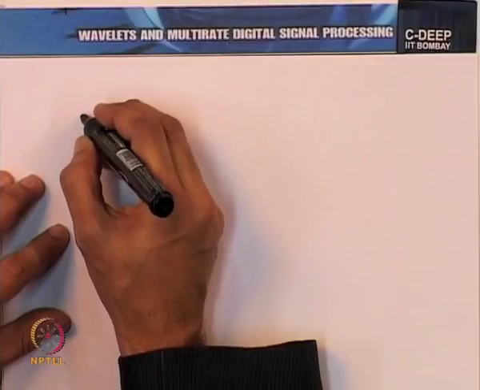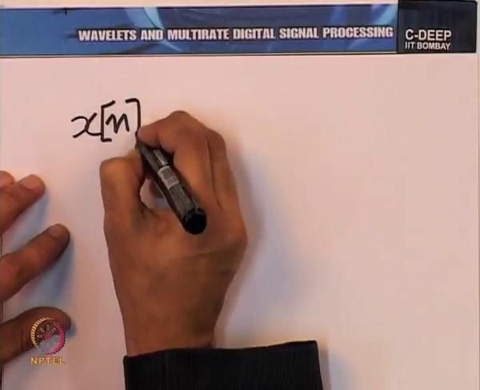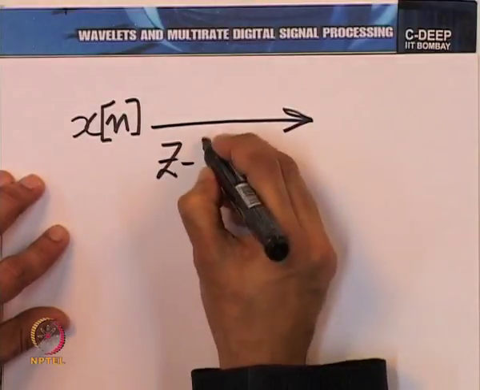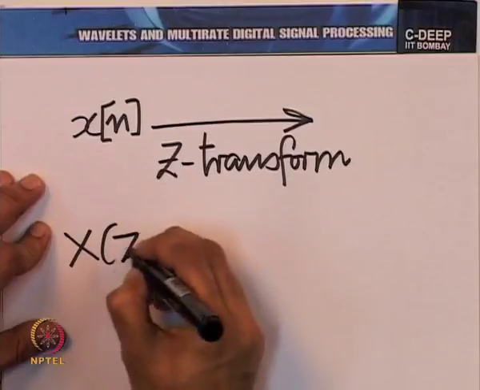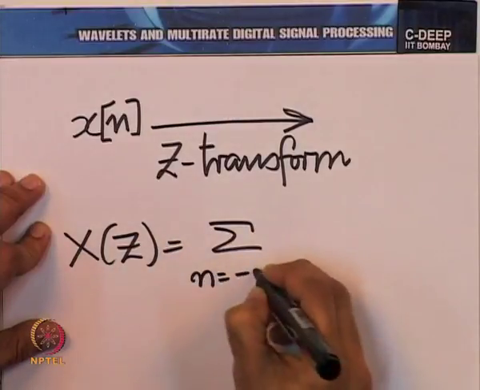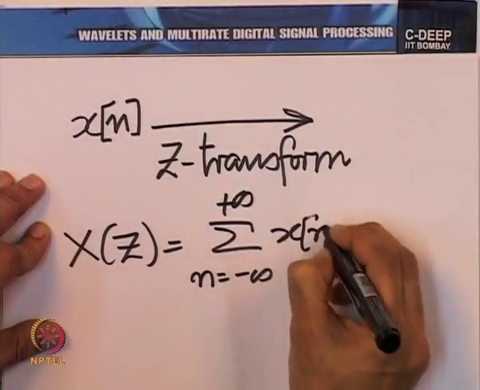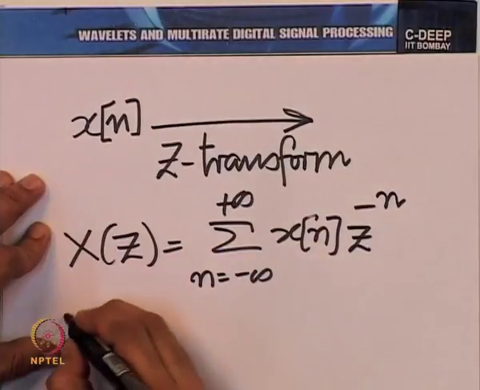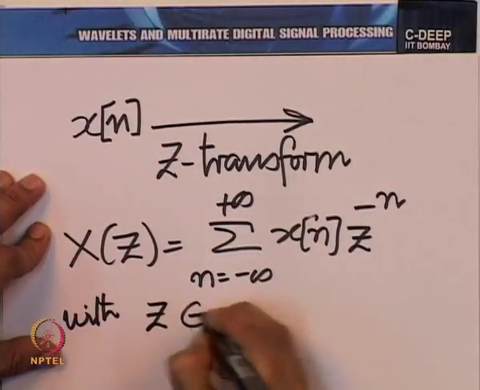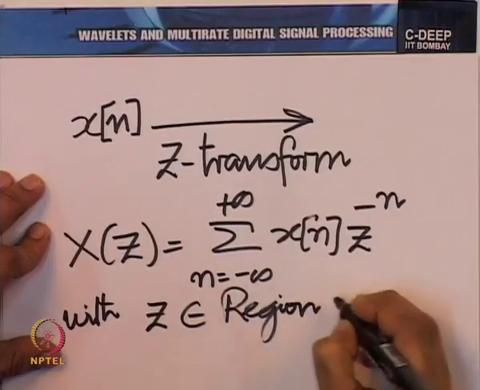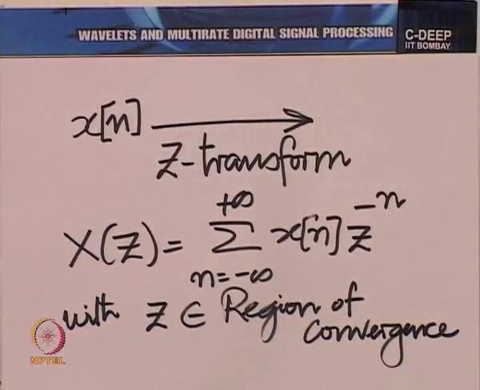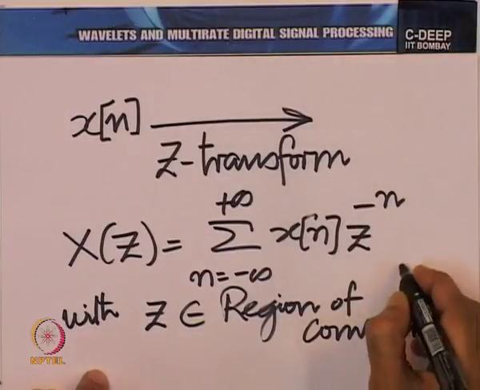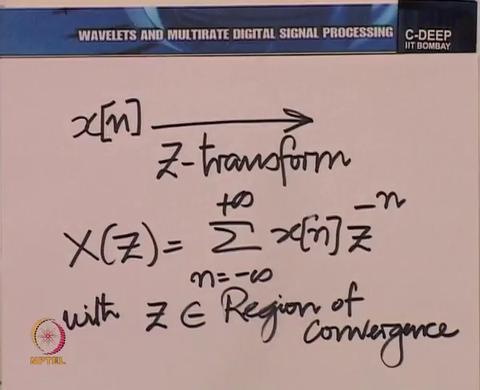We had said that if you have a sequence x of n, its Z transform is capital X of Z defined by summation n running from minus to plus infinity x of n z raised to the power minus n, with z belonging to a region of convergence. Let this region be script R.